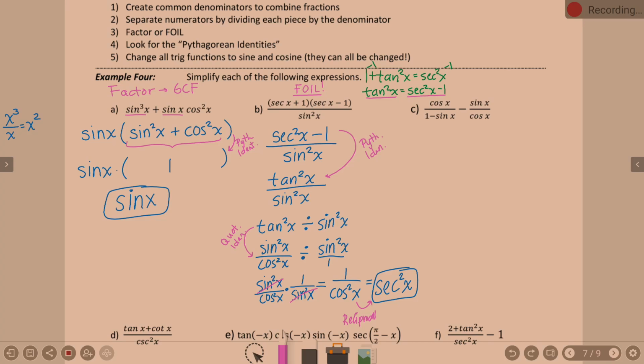More often than not, it's nice to put two fractions into one fraction to work with. So, yes, I am going to suggest a common denominator. What would be my common denominator?